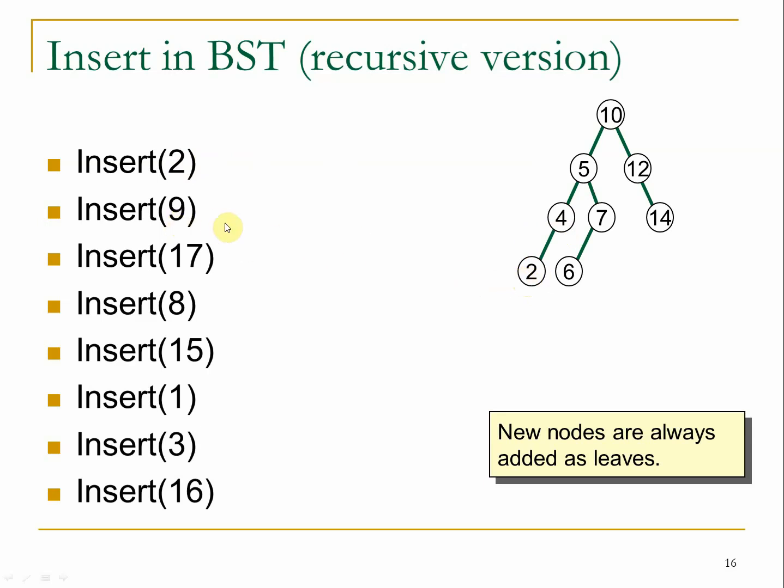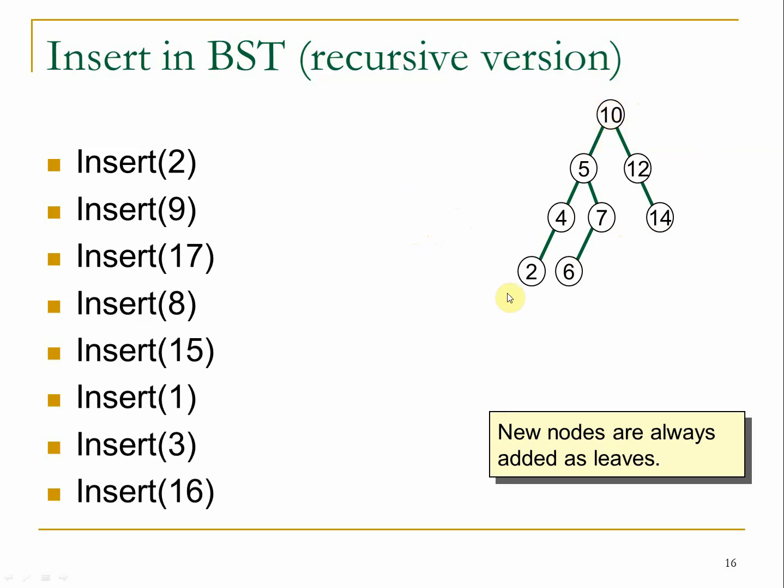Next one, say 9. If I want to insert 9, where am I going to insert it? First of all, you need to understand 9 has to be on the left side of the root because 9 is smaller than 10. If you put it anywhere on the right side, it will automatically violate the idea of the binary search tree. Next, think about this.